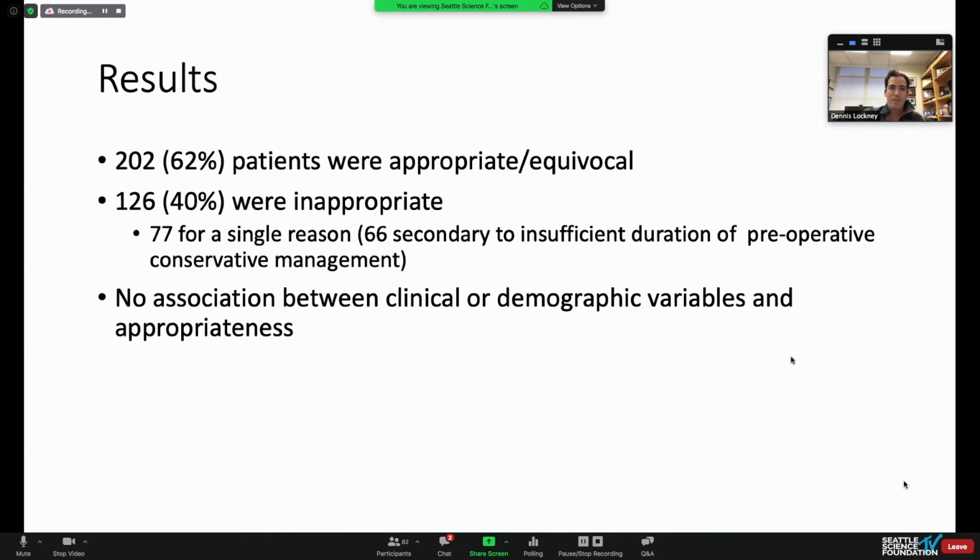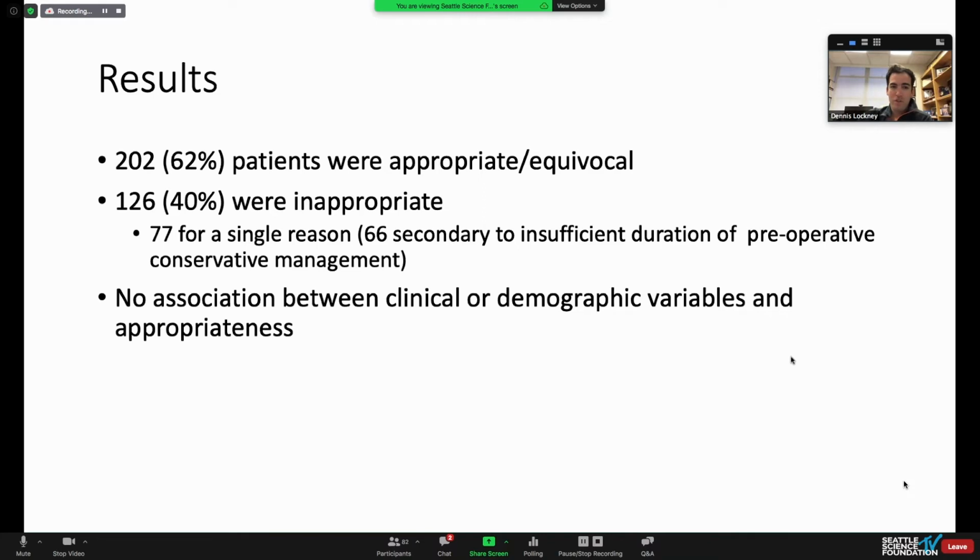Now, 77 of those patients were deemed inappropriate for a single reason among those categories, and 66 of those were simply secondary to insufficient duration of preoperative conservative management, mostly related to severe activity restriction.